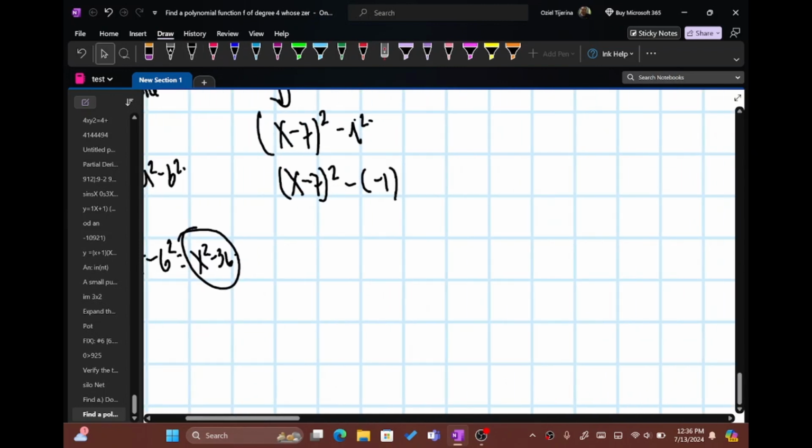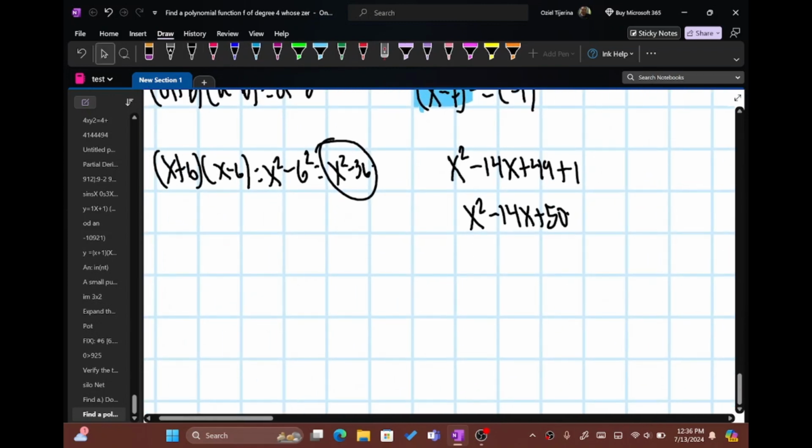If you want to do the FOIL method, you can, but I'm going to tell you what it is. x squared minus 14x plus 49, and then plus 1. So then it'll be x squared minus 14x plus 50.